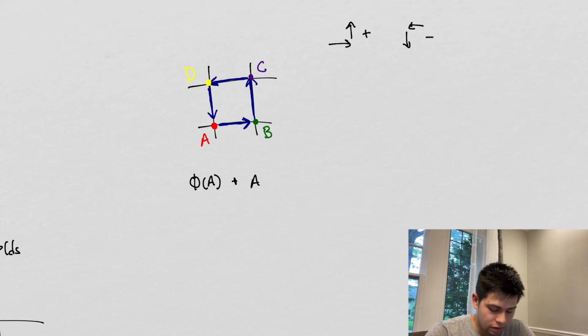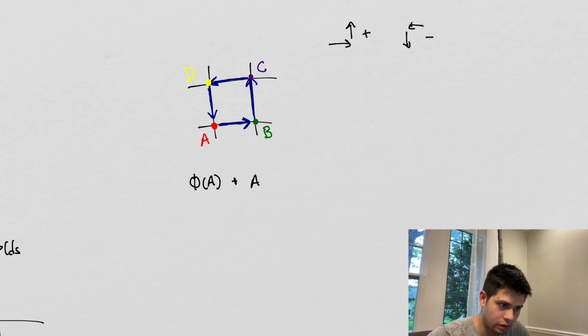We're going to be adding a change in the x component of our coordinate system as we go from point A towards B, right?